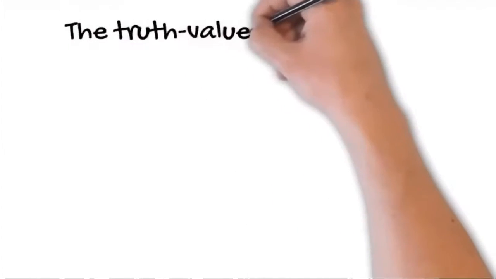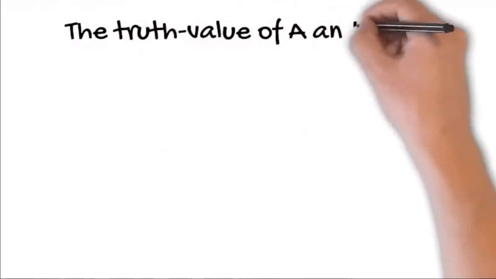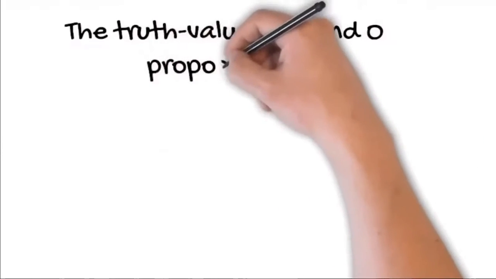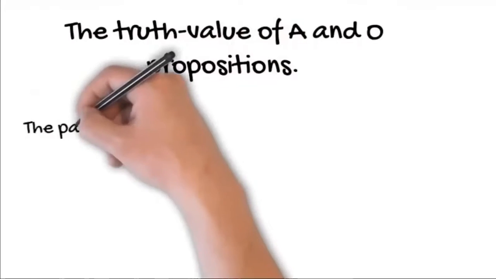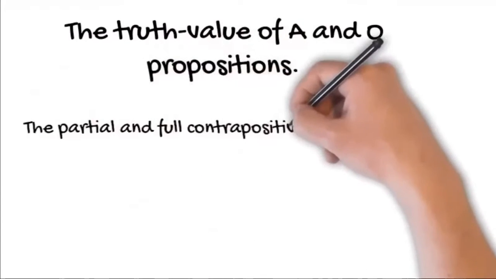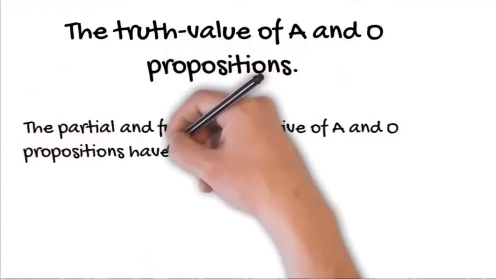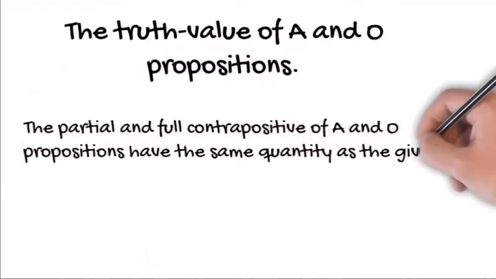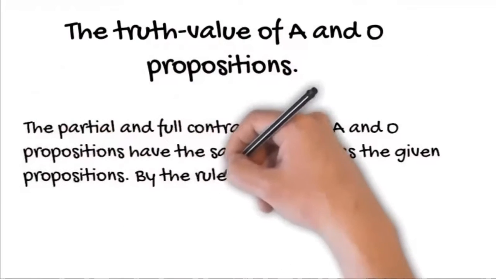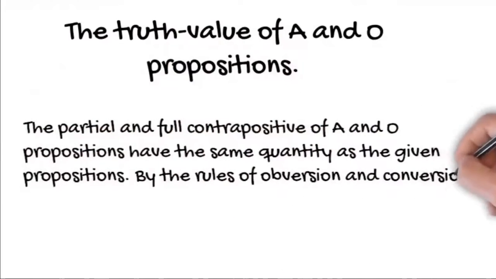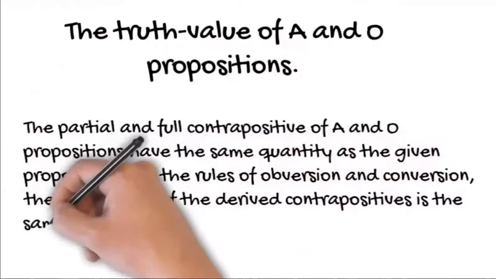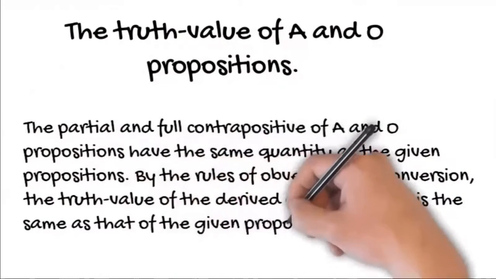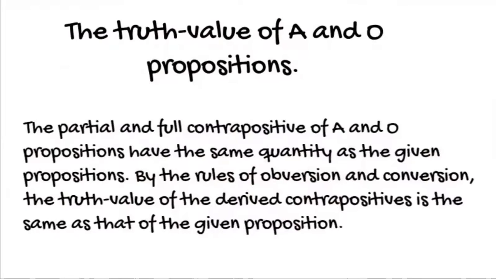The truth value of A and O propositions. The partial and the full contrapositive of A and O propositions have the same quantity as the given propositions. But by the rules of obversion and conversion, the truth value of the derived contrapositive is the same as that of the given proposition.